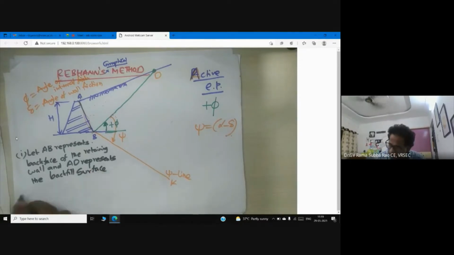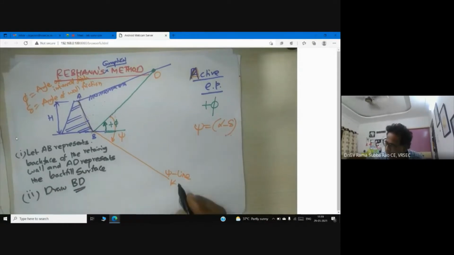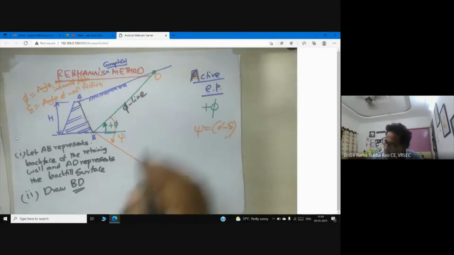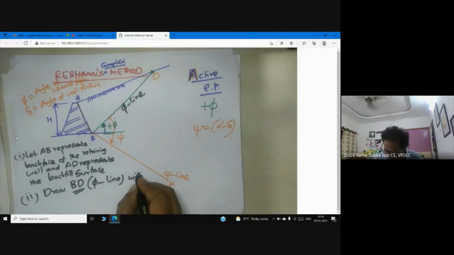Now the second part you can expect: draw BD. Can you say what BD is here? Phi line. Draw BD, and in brackets you can write phi line. You have to draw it with the horizontal.